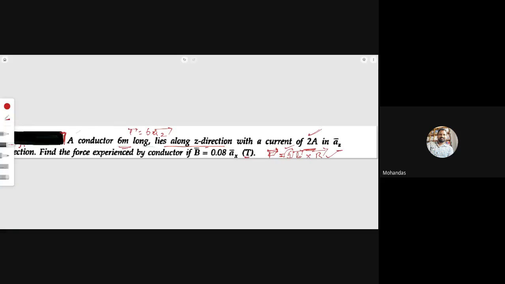Okay. 63. Sir, what is the answer? 0.96. Okay. Answer is 0.96. Right answer is 0.96. What is the unit vector? AY, sir. AY. Very simple problem.